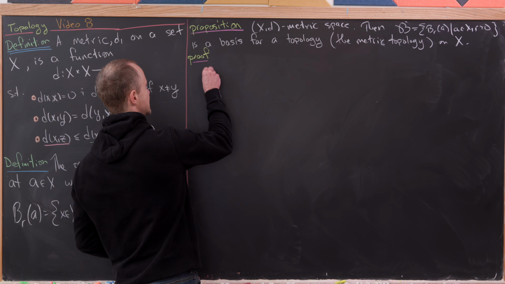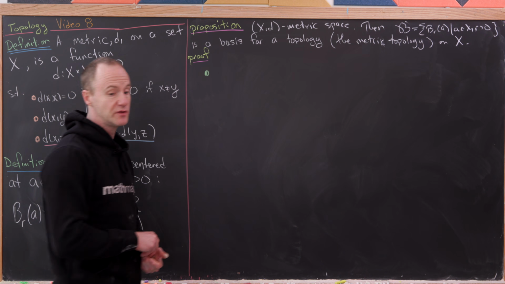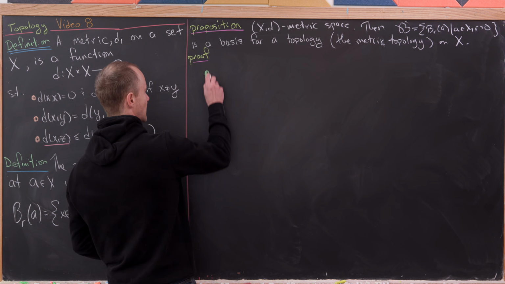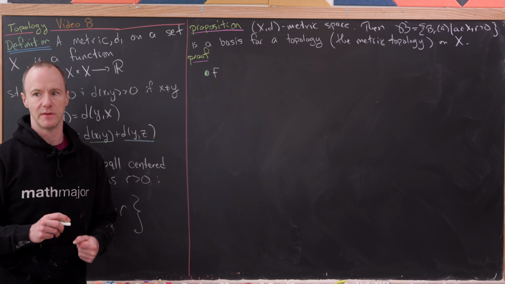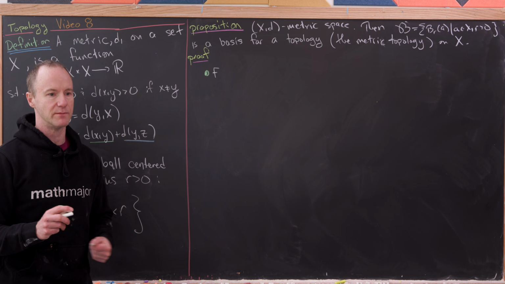If you recall from the definition of a topology, there are two things to check. First of all is that every element of X is inside of an element from the basis or the would-be basis.